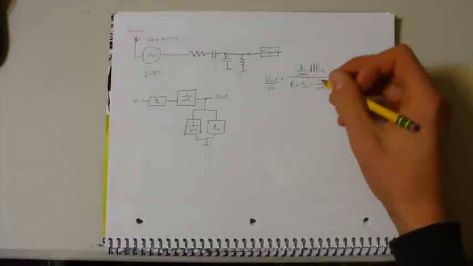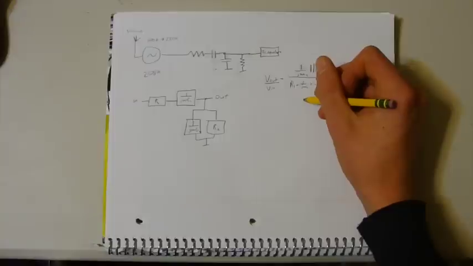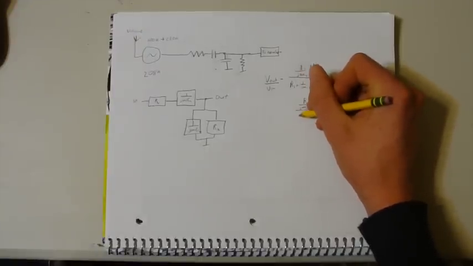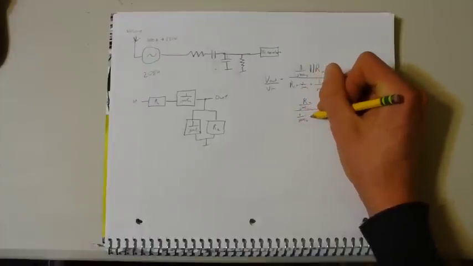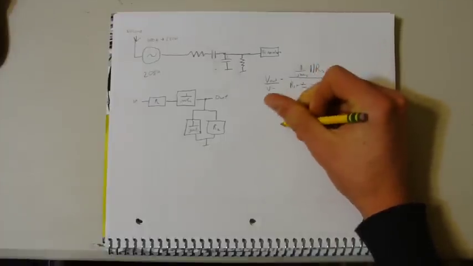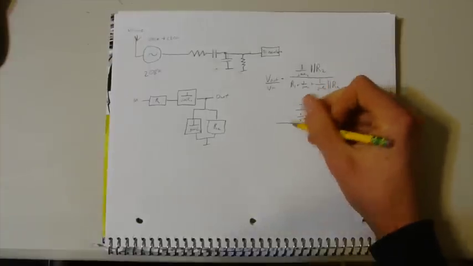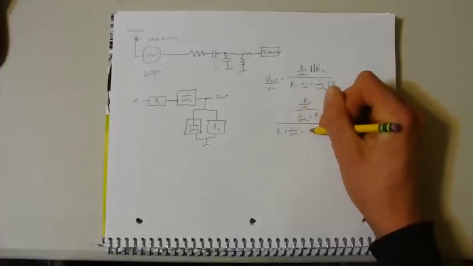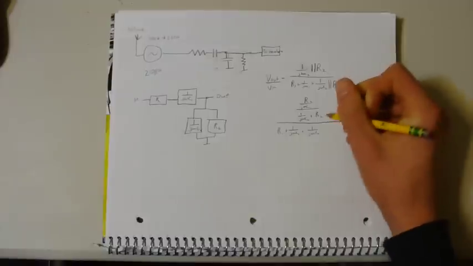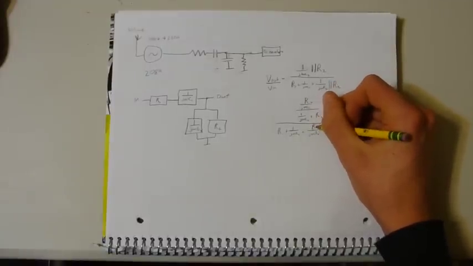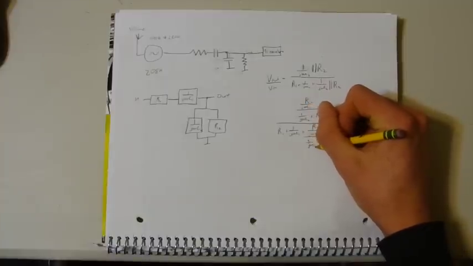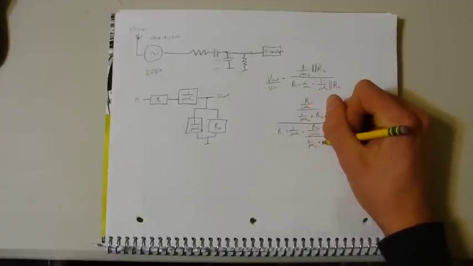So let's expand this out, and that is 1 over j omega C2 times R2 over 1 over j omega C2 plus R2, over R1 plus 1 over j omega C1 plus 1 over j omega C2 times R2 over 1 over j omega C2 plus R2.